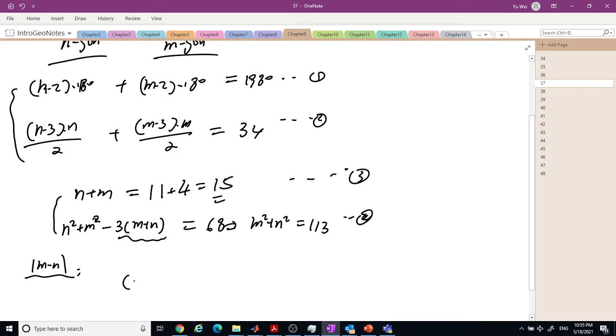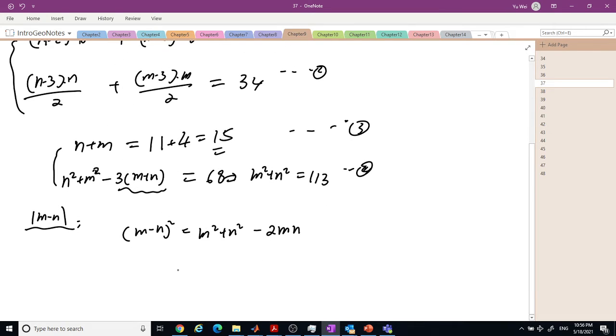To calculate this, we need (m minus n) square, which is equal to m square plus n square minus 2mn. So how can we use these two to solve for 2mn? That's the key, right? That's very simple. We know this part is 113.